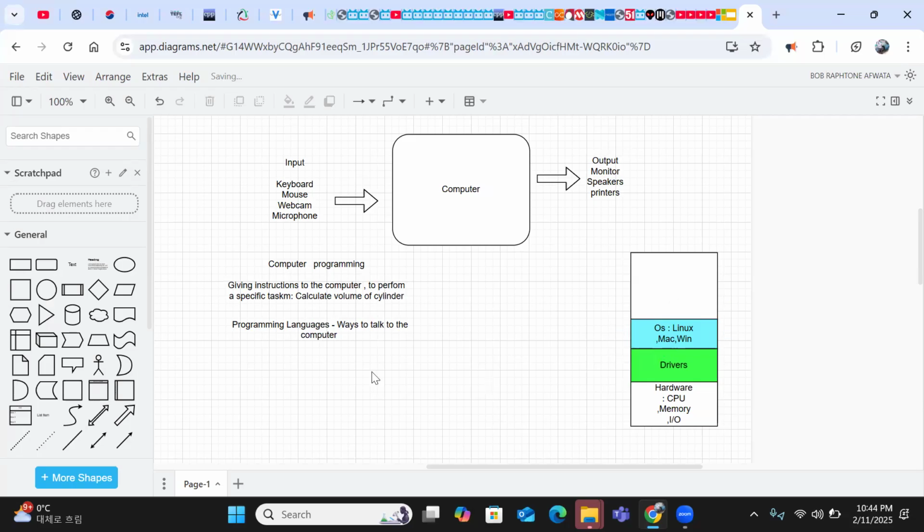And on top of the operating system, from a programming point of view, we will learn something called API.